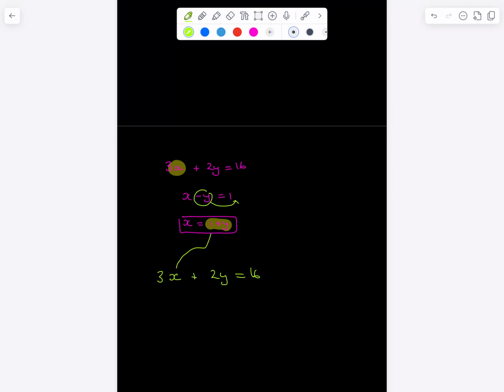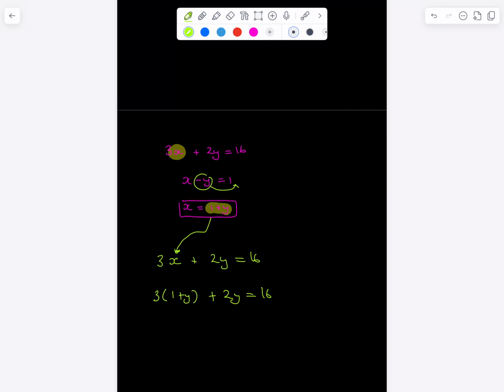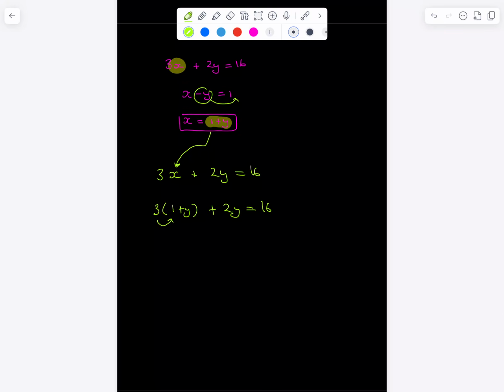And instead of x, we're going to substitute that in because that's what x is. So it's 3, use your brackets, don't forget the brackets, (1 plus y) plus 2y equals 16. Let's multiply this out. 3 times 1 is 3. 3 times y is 3y. So we have 3 plus 3y. We've still got this 2y, and that equals 16.